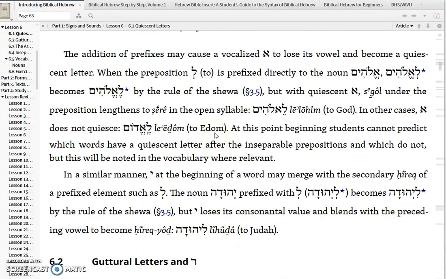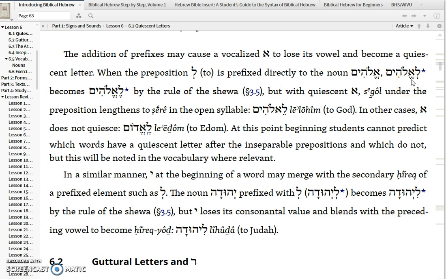The addition of prefixes can also cause an aleph to become quiescent, especially with really common words like Elohim, God. So Elohim, God, used a couple thousand times in the Hebrew Bible. When you add preposition la to it, you would expect it to be le Elohim. That's how you start. But then you apply the rule of shavah.